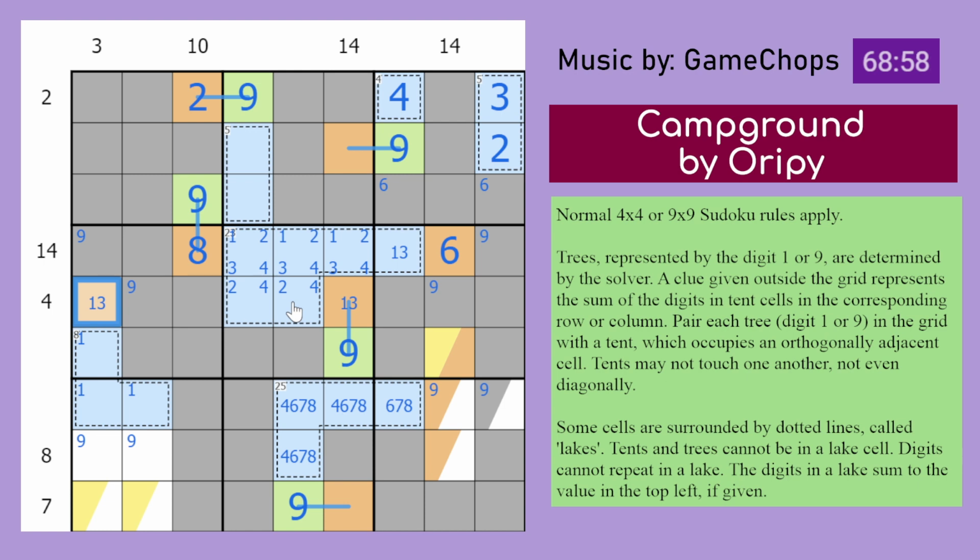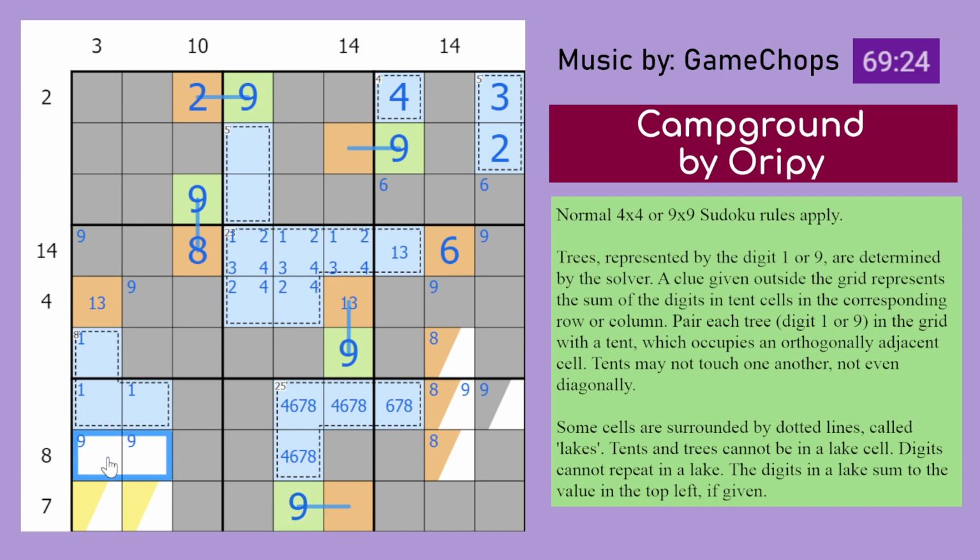Yeah. One of those cells is 8. I guess we can mark that down. Actually, we know that isn't a tree, so we can mark that as just this. No need for the yellow anymore.